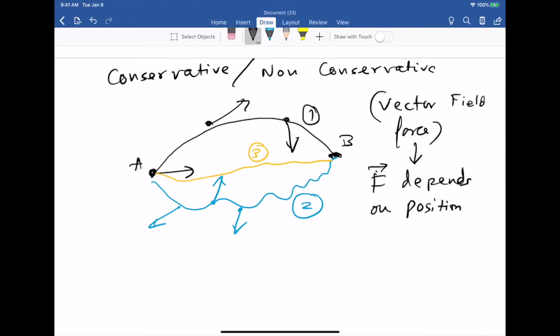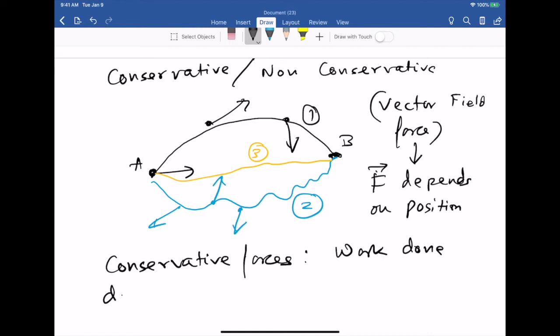However, there's a remarkable category of forces which are called conservative forces, for which the work done does not depend on the path. The work done does not depend on the path.